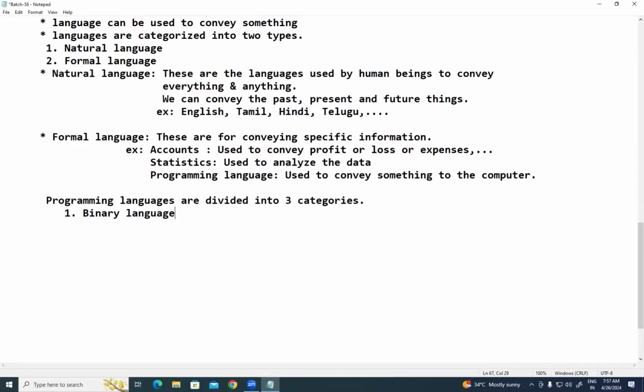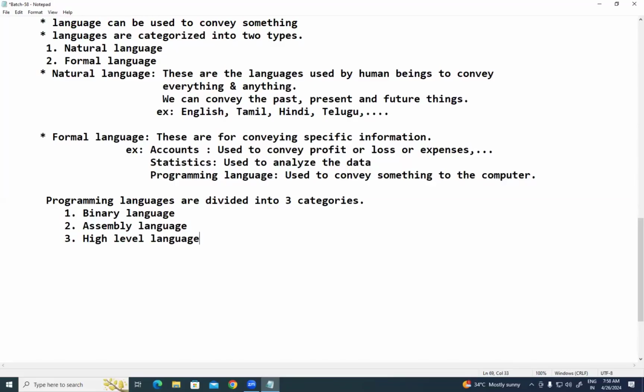Second one is assembly language. Third one is high level language. Programming languages are divided into how many categories now?